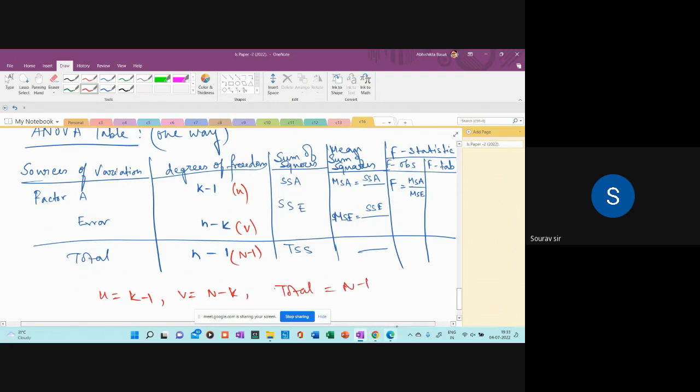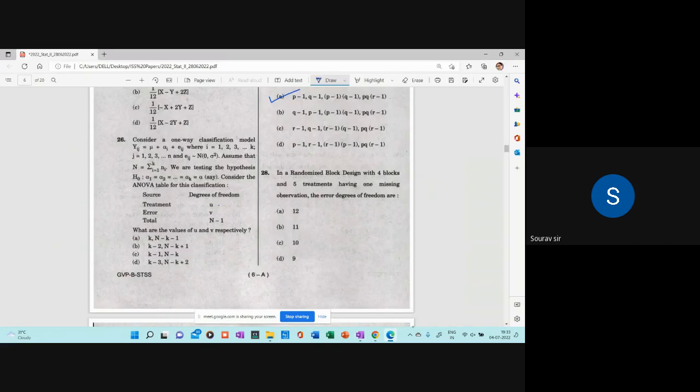So let's check this out. The options: k minus 1, n minus k. Option C is the correct option. Is it clear? You just need to do the changes, and you just have to equate it. That's it, nothing else.